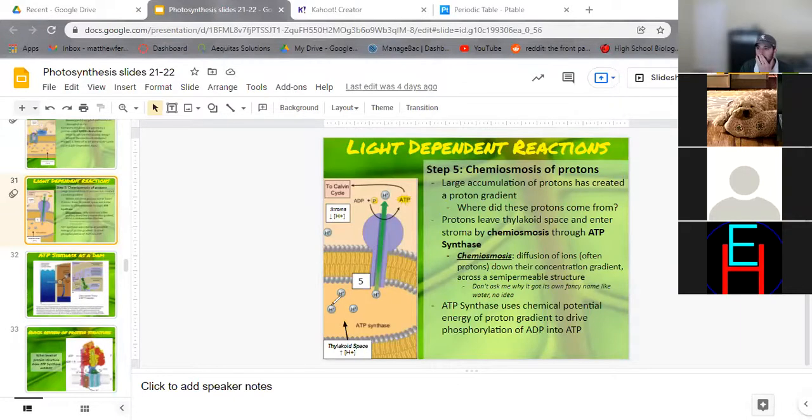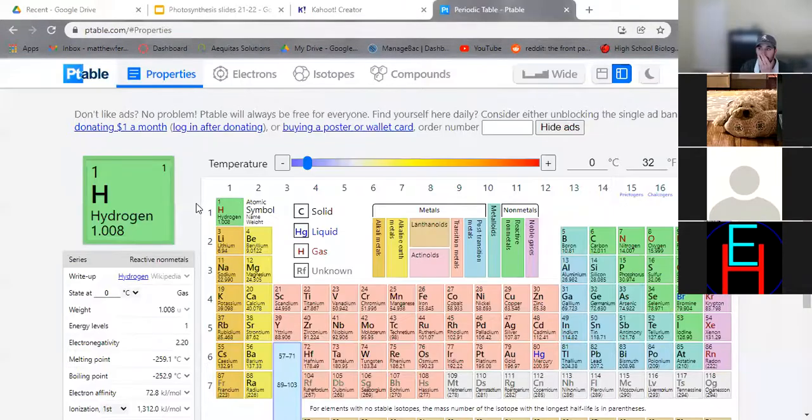Like in chemistry, they're not called protons. I can't think of an element as being a proton because it's made of protons, neutrons, and electrons. So having it just be a proton just doesn't make sense.